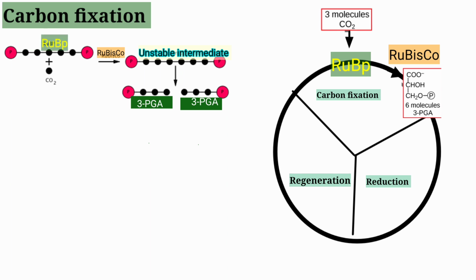Thus, for every 3 molecules of carbon dioxide that enter the cycle, 6 molecules of 3-phosphoglycerate are formed. This was all about the carbon fixation, or step one, of the Calvin cycle, in which we get 6 molecules of 3-phosphoglycerate.